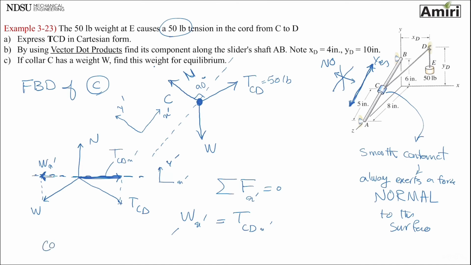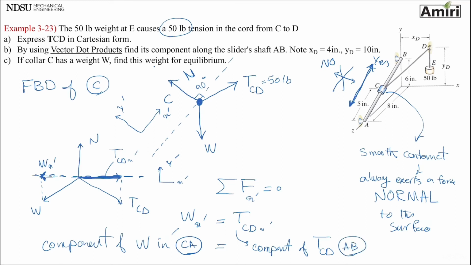So the component of W in the direction of AB or BA or CA. Let's say in the direction of CA should equal the component of TCD on AB or CB. They're the same thing.